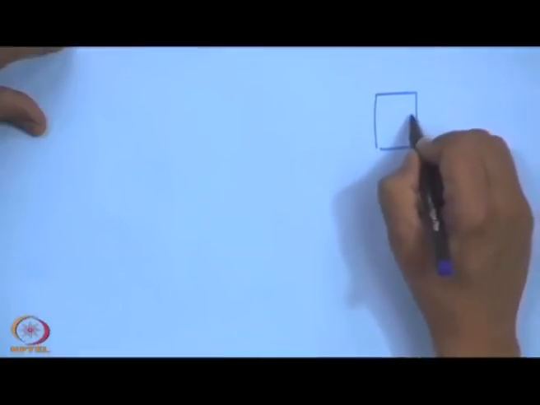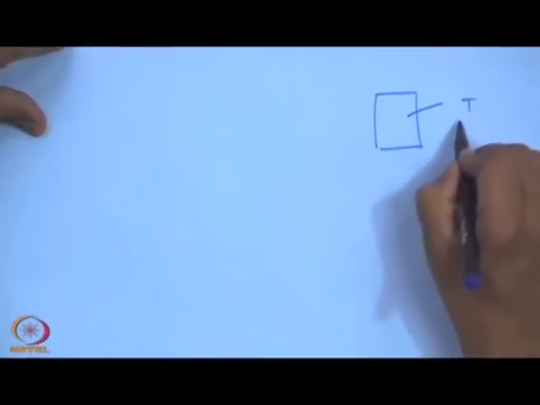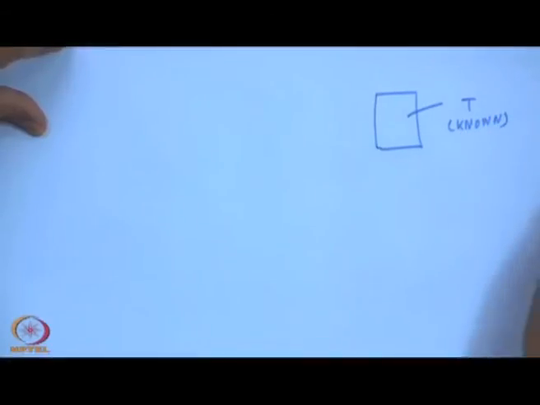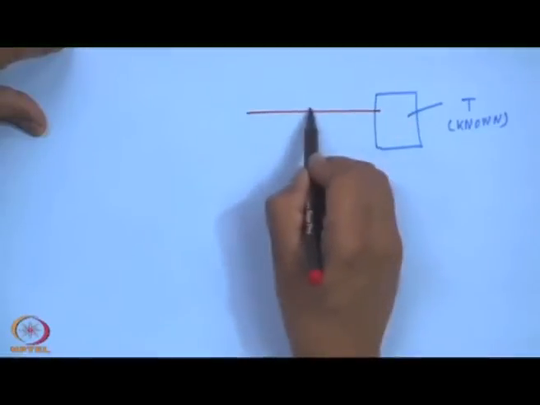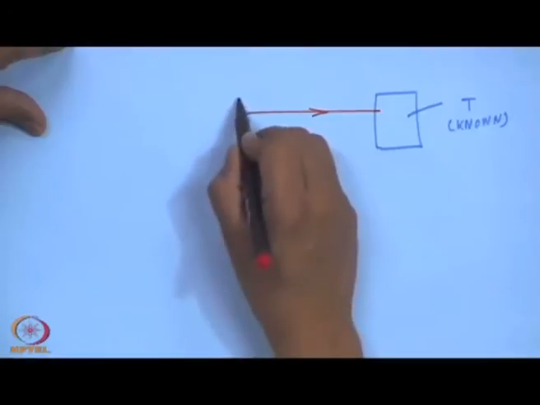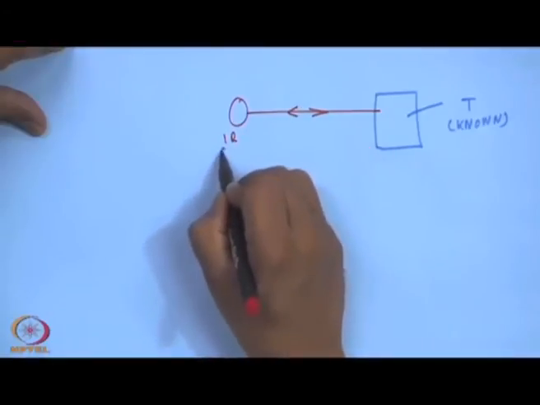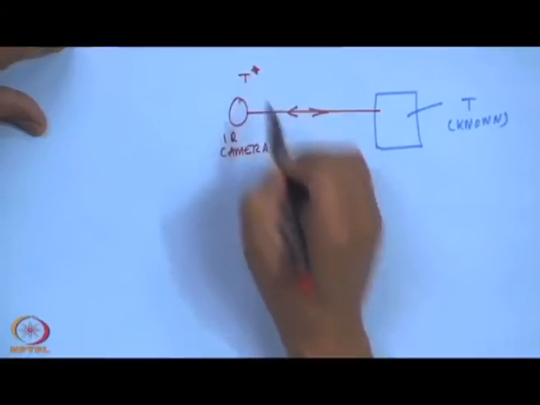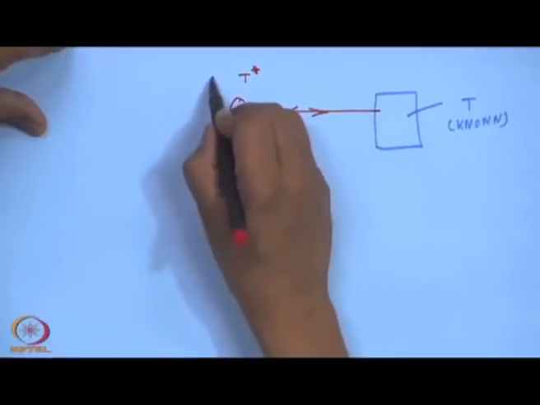Now, all these cameras have a microprocessor based circuit. So, for example, one quick rule of calibration people do is, suppose this is some known temperature T, and they will shoot from an IR camera and suppose they measure a temperature T star with a particular emissivity.